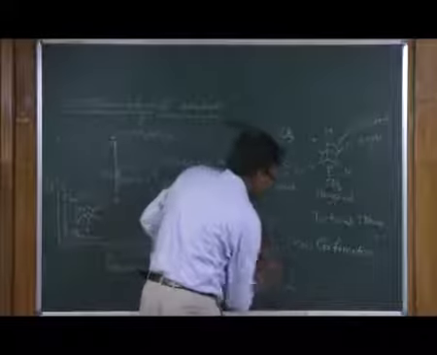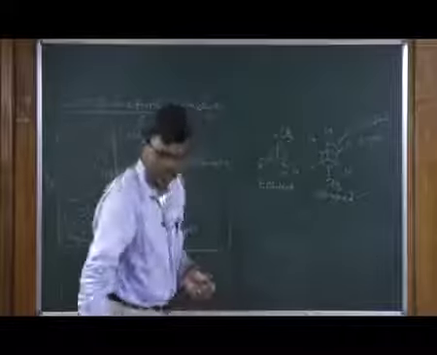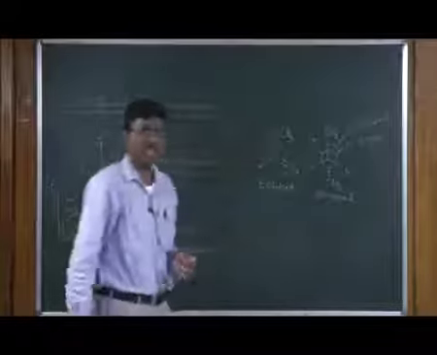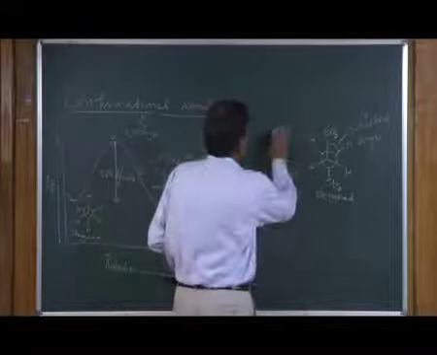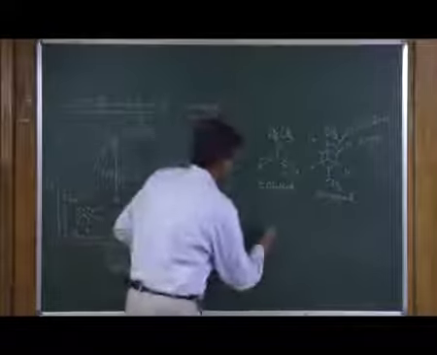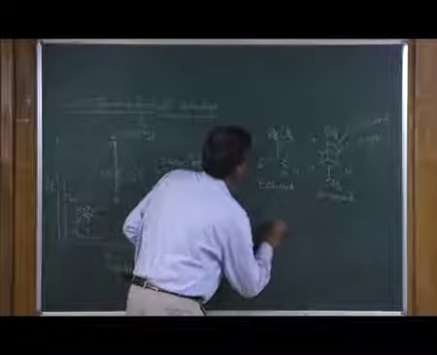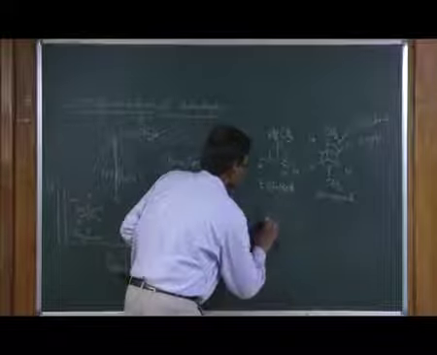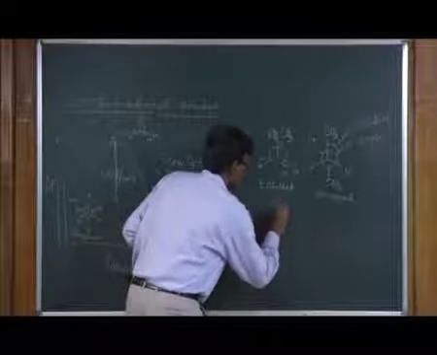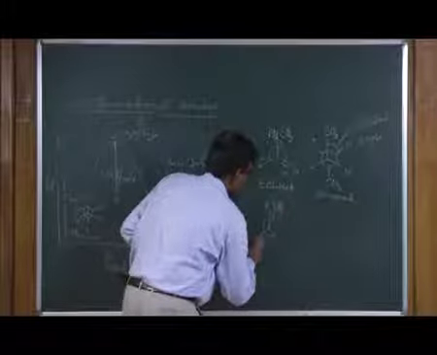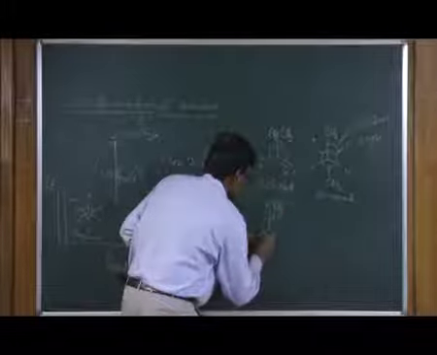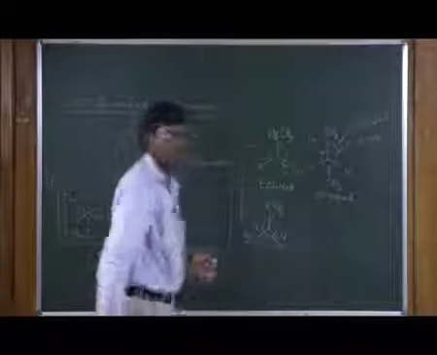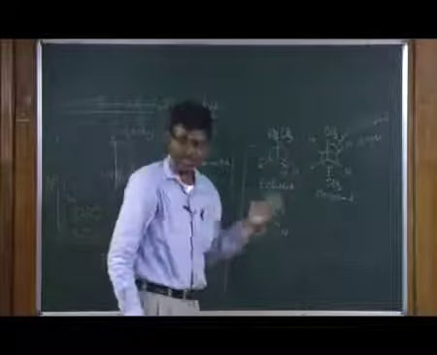And for butane, this will be the staggered conformation, and these two will be the eclipsed conformations. These are less stable compared to this. You can go on like this.